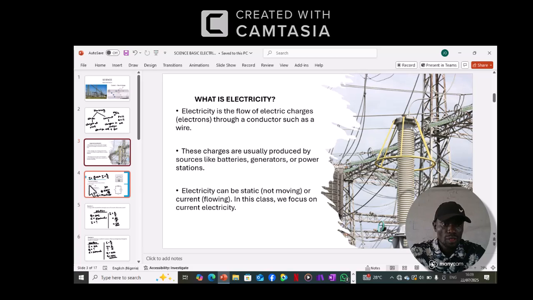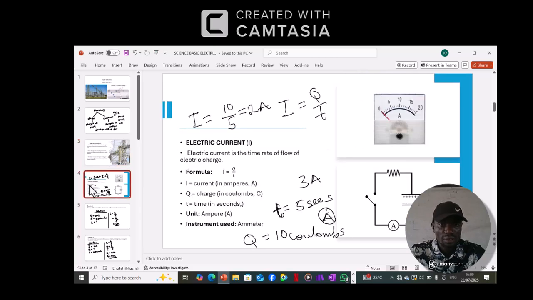Then we talk about the electric current. Electric current is the time rate of flow of electric charge. If the rate at which the charges flow through a wire is high, then current is high.